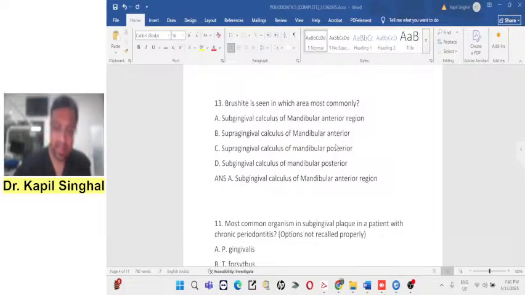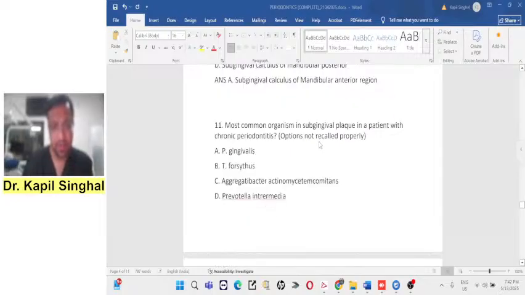Your supragingival calculus is made up of hydroxyapatite and octacalcium phosphate, and your subgingival calculus is made up of hydroxyapatite and magnesium whitlockite and some amount of brushite. Brushite is mostly seen in subgingival areas of mandibular anteriors, and in mandibular posteriors magnesium whitlockite is seen. So in this question, option A, that is subgingival calculus of mandibular anterior region, is the best option and the answer here.